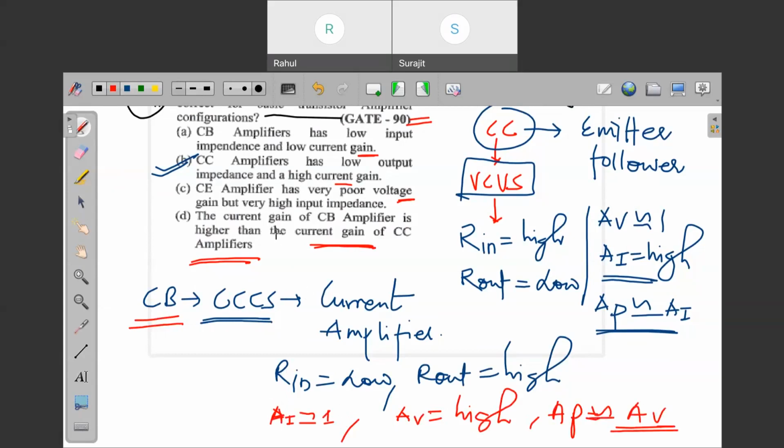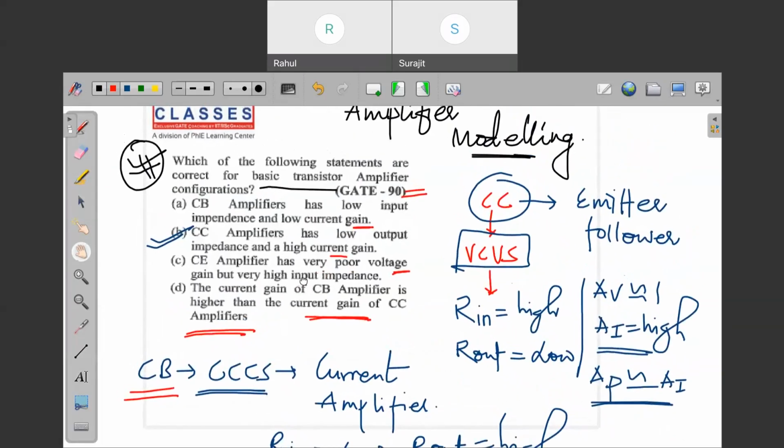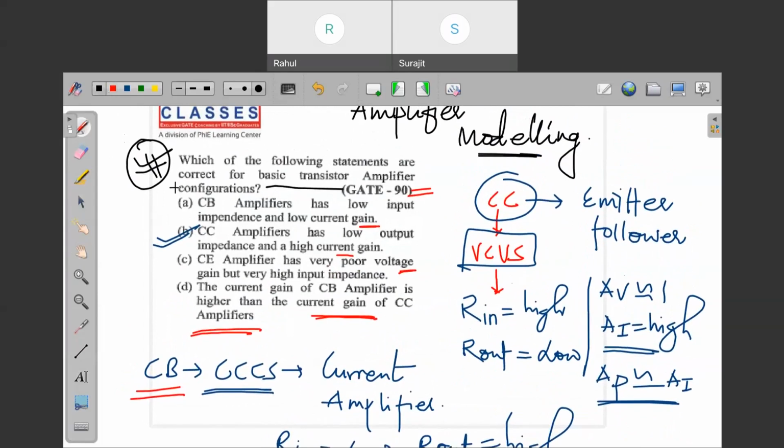Now let us read the options again based on this discussion. The first option says common base amplifier has low input impedance and low current gain. Yes, it is correct as well.